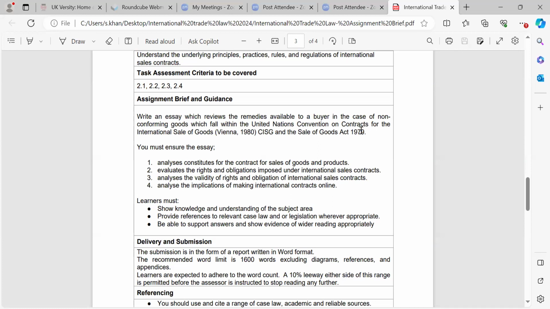Make sure you have each of them 4 parts that you need to do for your essay as task 2, and then each one as a heading, so that we are able to identify that you've completed each one. Here you must show, again, knowledge and understanding of the subject area. You must provide references to the relevant case law or legislation wherever appropriate, and you must be able to support answers and show evidence of wider reading appropriately.